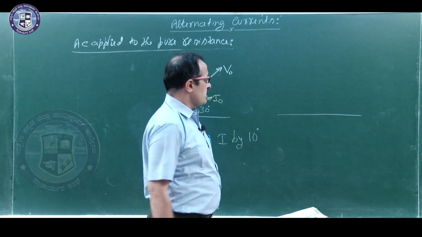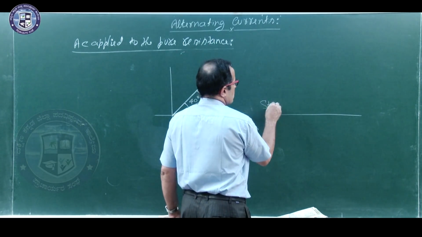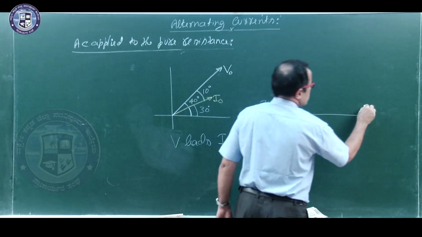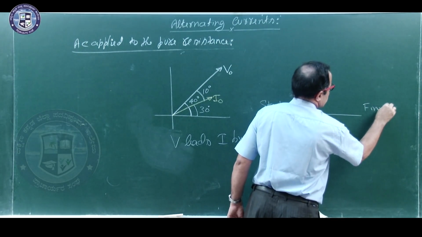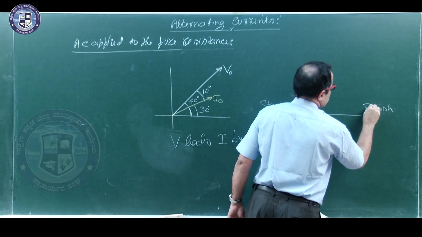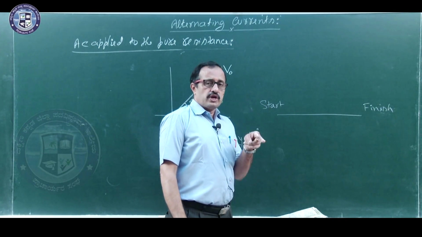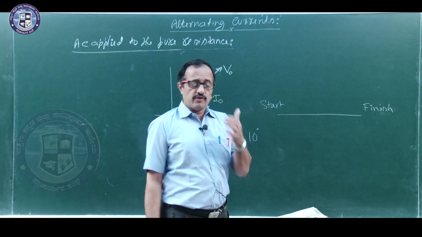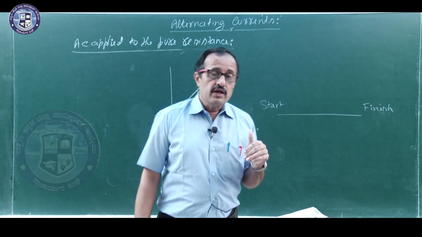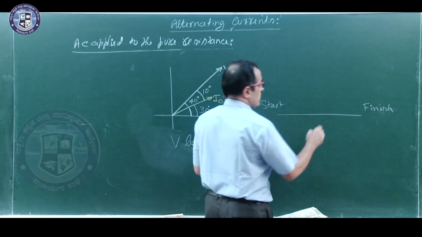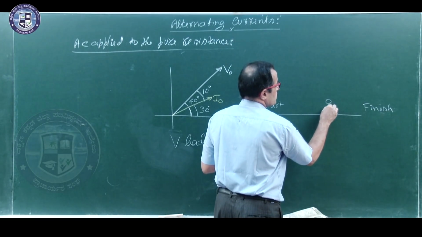Let us say this is the starting point, and this is the finishing point. Start and finish, a 100-meter race. Two students have participated. Let us say one of them, to make it simple, we call X and the other student Y. So, both of them are running like this.